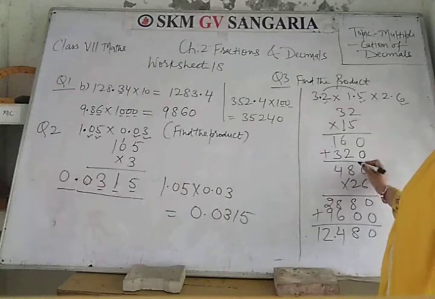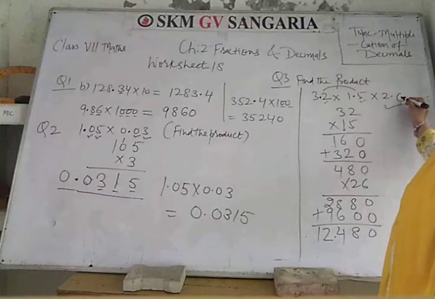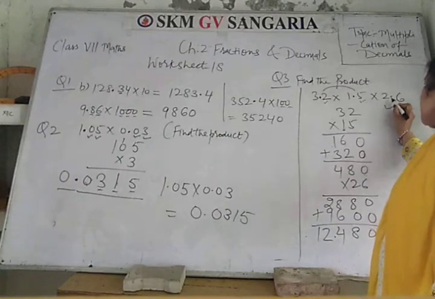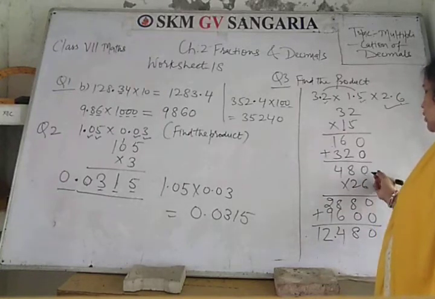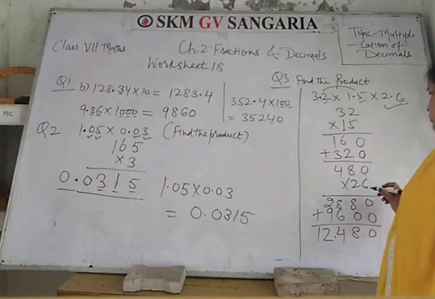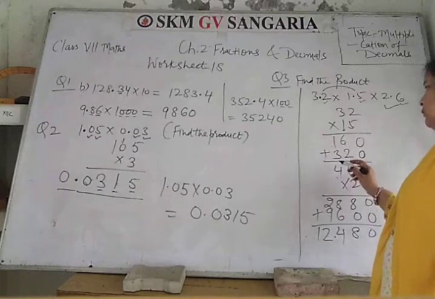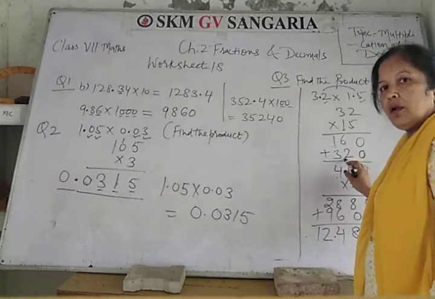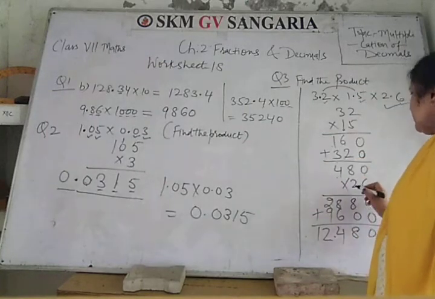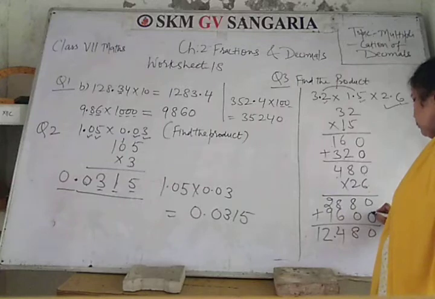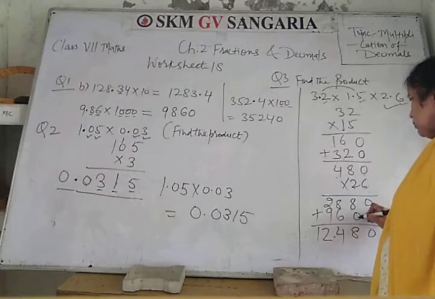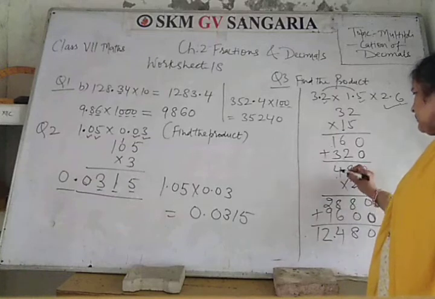Now this answer, ignoring this decimal point, will be multiplied by 26. 6 zeros are 0, 6 8s are 48, 4 carry, 6 4s are 24, 24 plus 4, 28. Then we will put a 0 because now we are going to multiply with 10. 2 zeros are 0. 2 8s are 16, 1 carry, 2 4s are 8 and 1, 9.